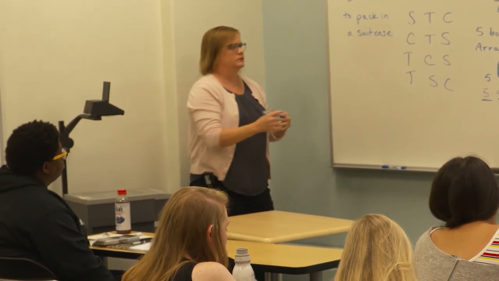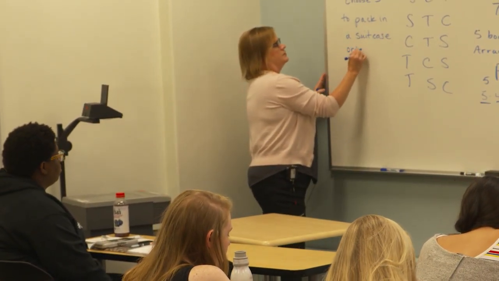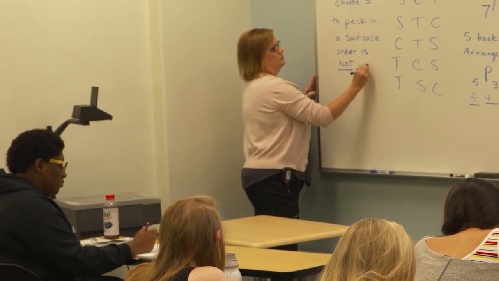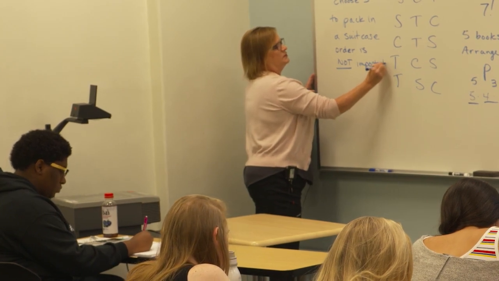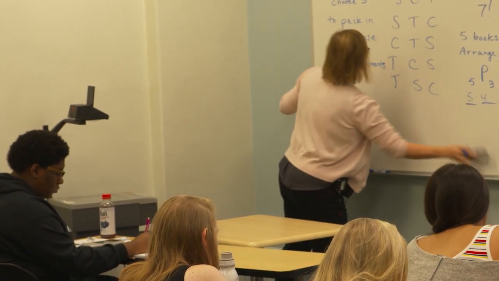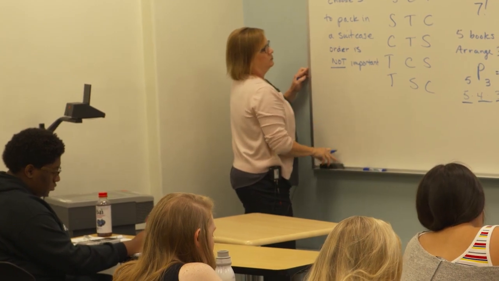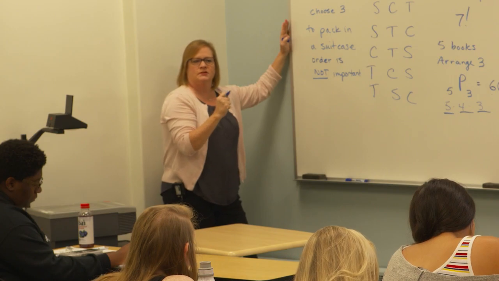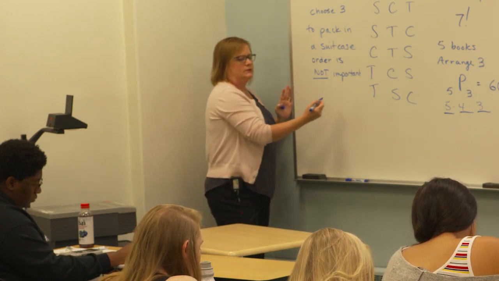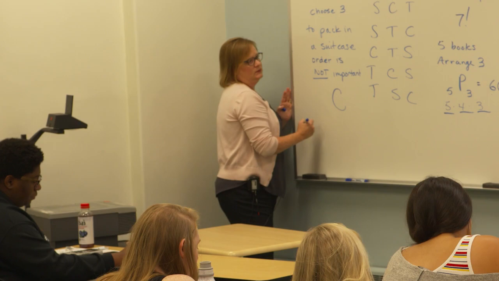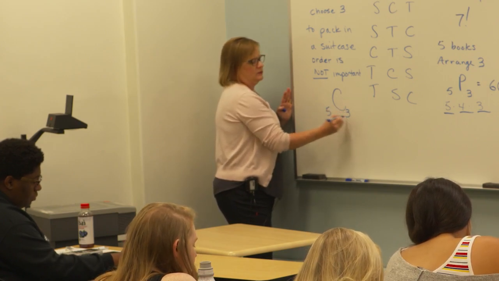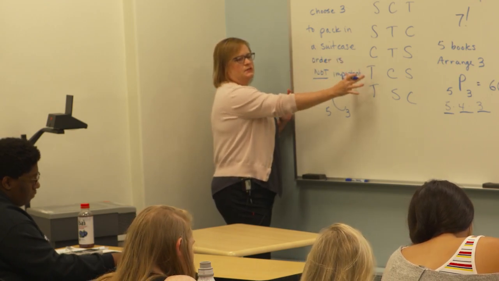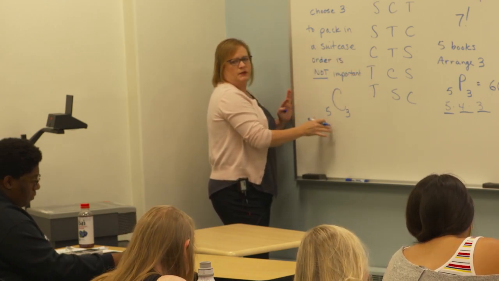I don't care about the order. So when order is not important, you don't want it to keep counting once it gets its groups. That's a combination. So you would pick combination 5 choose 3. When order's not important, but you still have distinct objects like that, that's when you're going to pick combination.